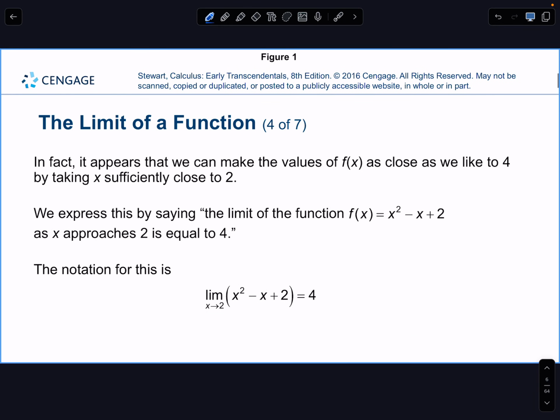So we say the limit of the function f of x equals x squared minus x plus 2 as x approaches 2 is equal to 4. So that's how you say that. You say the limit of the function as x approaches 2, that arrow approaches, equals 4. And again, the limit is the y value.